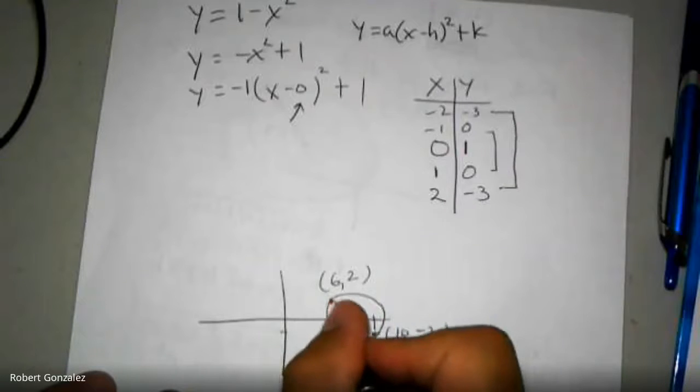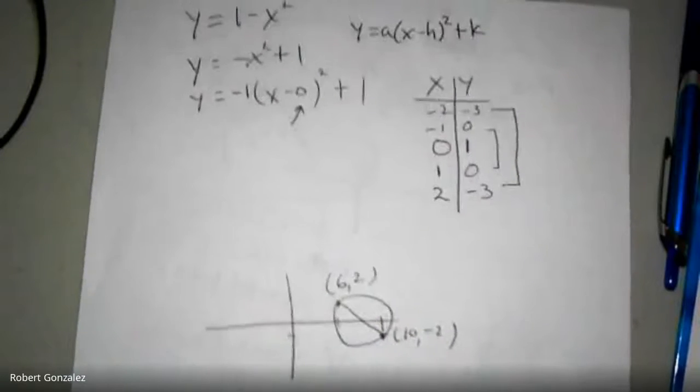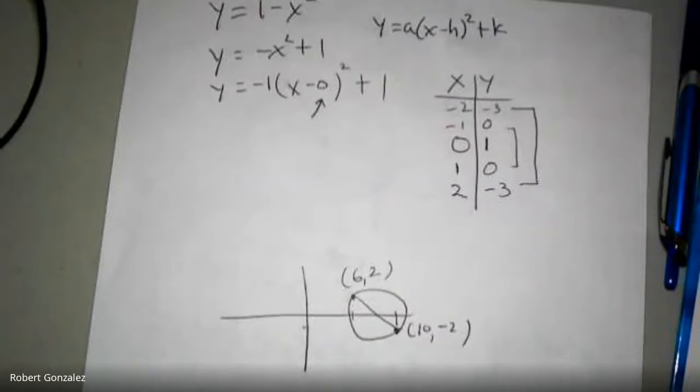How do we find the center of this circle? Type it in the chat bar. How do we find the center of the circle? Midpoint is correct. So what is the center?